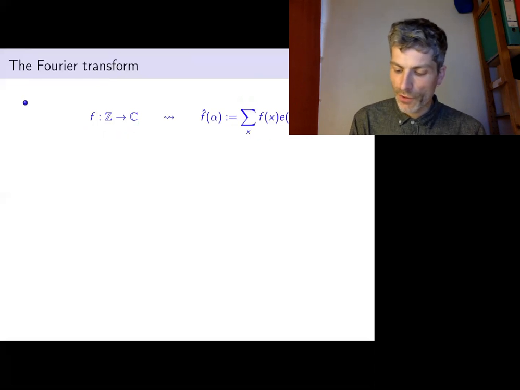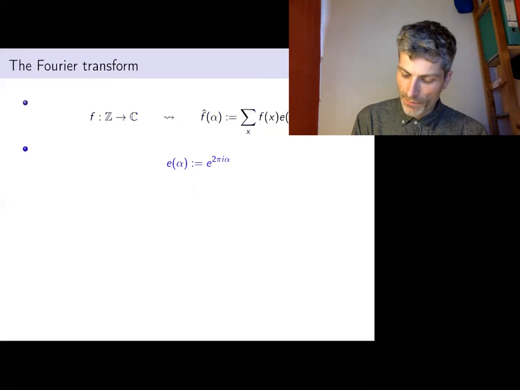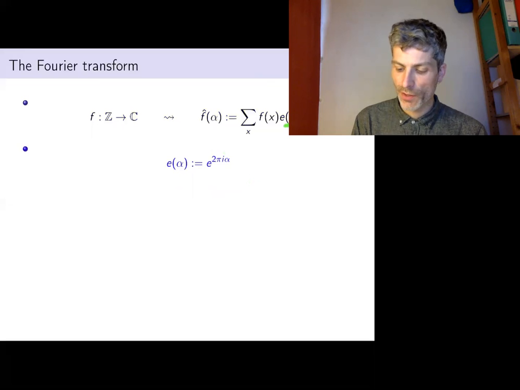You sum your function and you twist it by the homomorphism evaluated at each integer. So the Fourier transform at the frequency alpha is what you get when you integrate your function and twist by this homomorphism corresponding to the frequency alpha. Again, e of alpha is e to the 2 pi i alpha. So these are points on the unit circle.